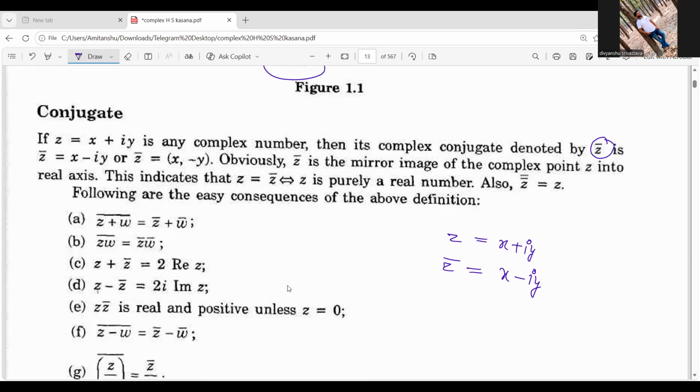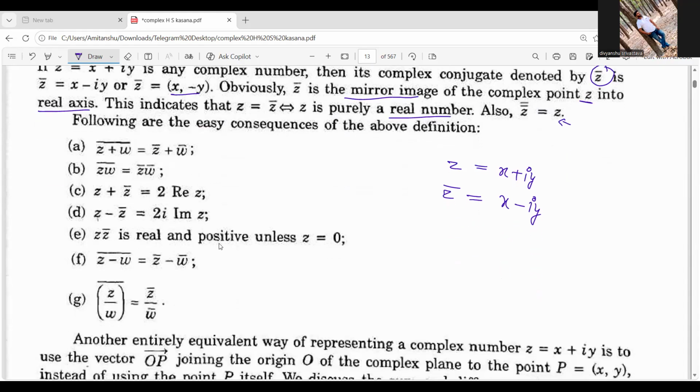In ordered pair form, this is x comma minus y. So z bar is the mirror image of the complex point z in the real axis. This indicates that z equals z bar when z is a purely real number, and z double bar is equal to z.